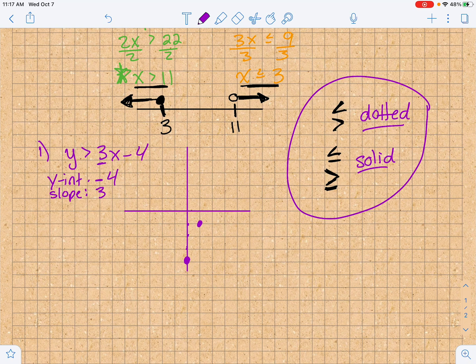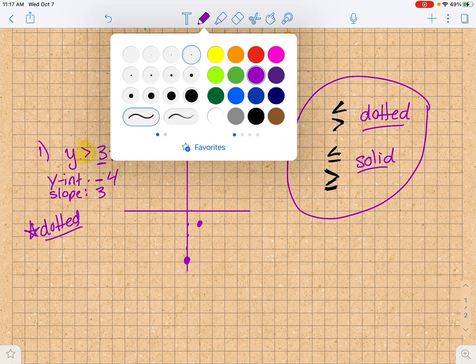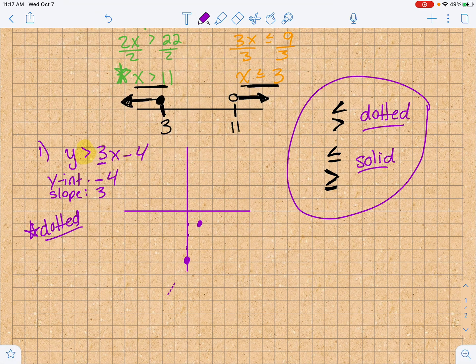Look at your sign. It's greater than. There's no equal to, which means we are dotted. So I'm going to draw my dotted line here. And there's my line. Put your arrows on the end.